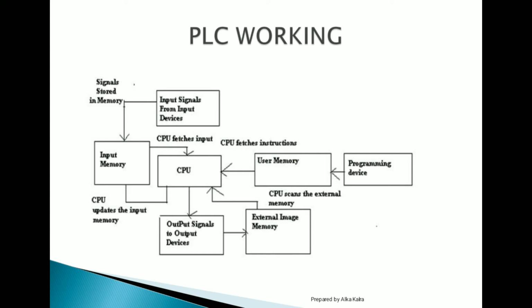The output is stored in the external image memory, and through this external image memory these are fed to the external devices or the output devices. So those devices can be turned on or off or controlled by using these programs.